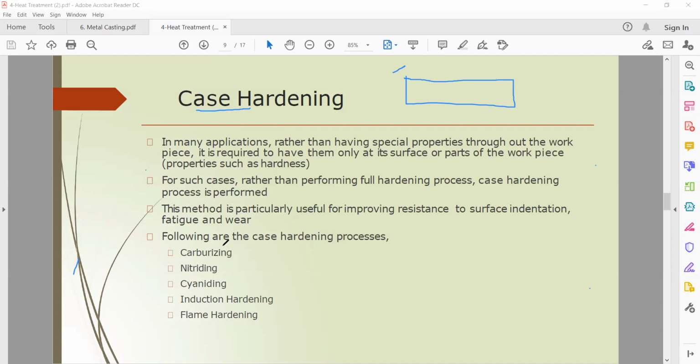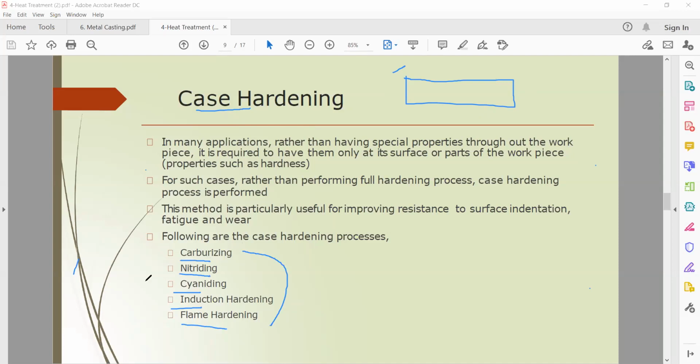So according to the procedure variation, you can further classify case hardening into carburizing, nitriding, cyaniding, induction hardening, flame hardening.